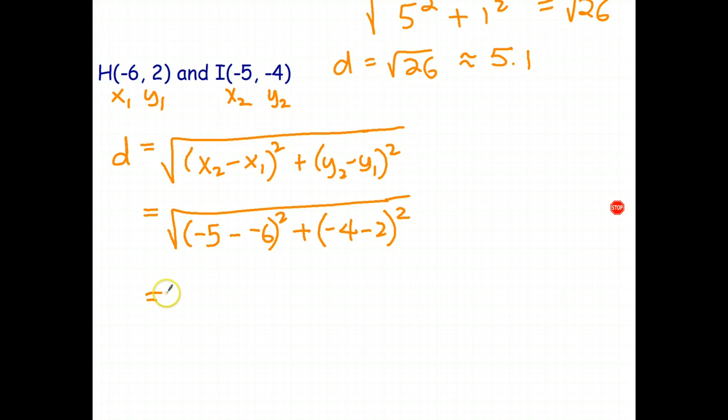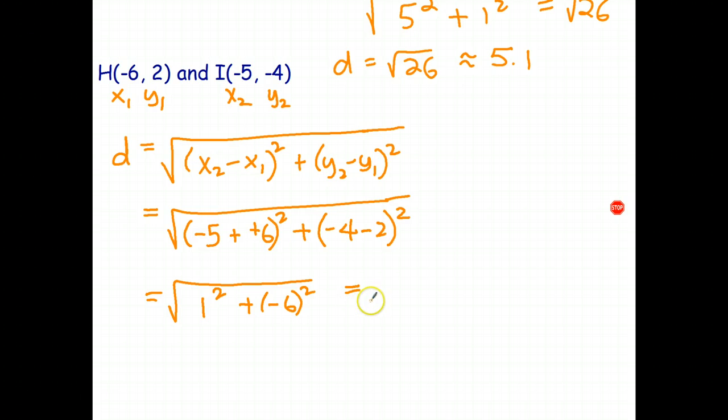Now we need to use our knowledge of integers. -5 subtract -6 becomes plus, so that's -5 plus 6, which is just +1, all squared. And plus -4 subtract 2 is -6, in brackets, all squared.